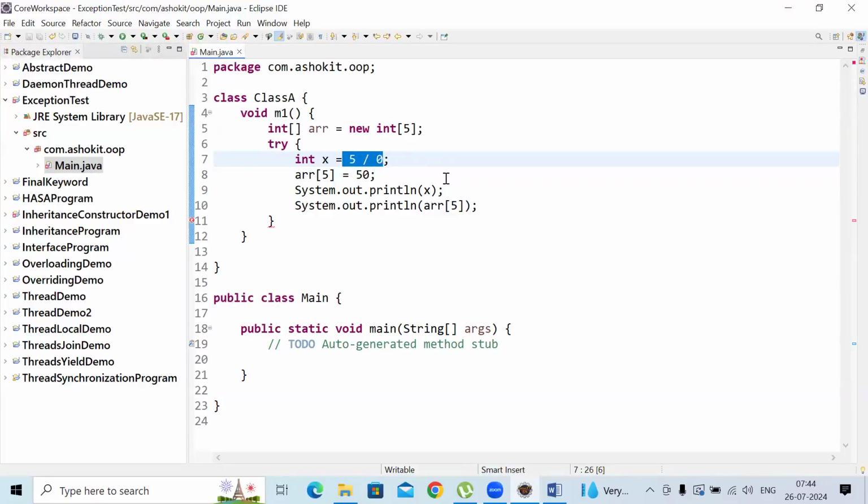We have 5 divided by 0. 5 is an integer value, 0 is also an integer value, and the denominator is 0. Then what type of exception will occur? Arithmetic exception. Do remember everybody.